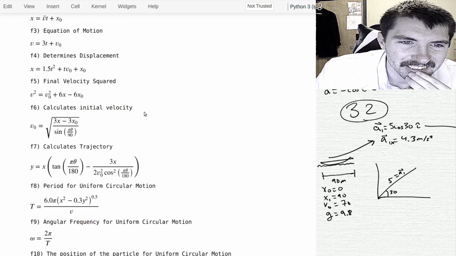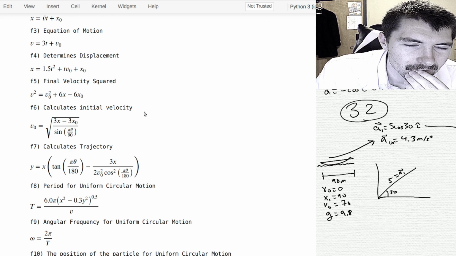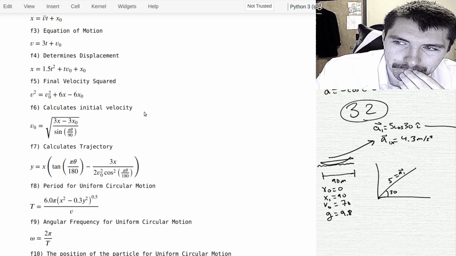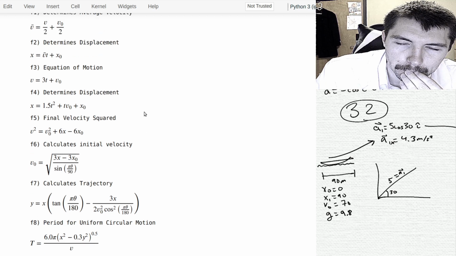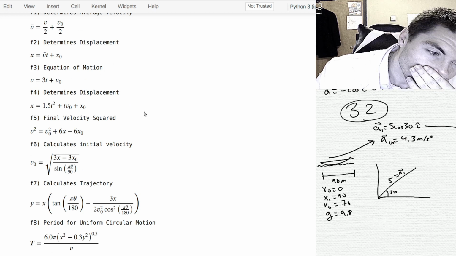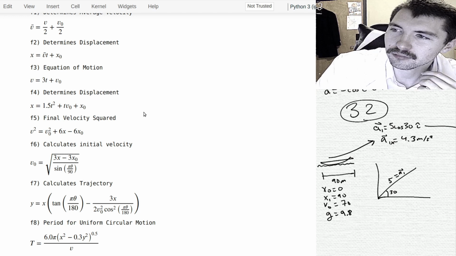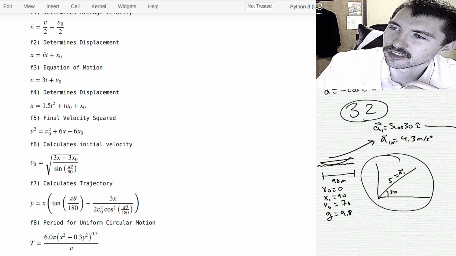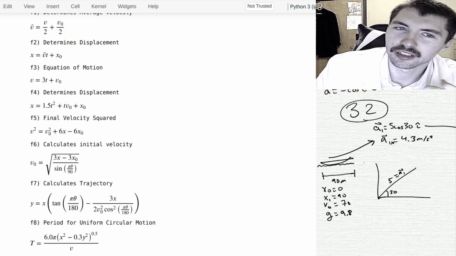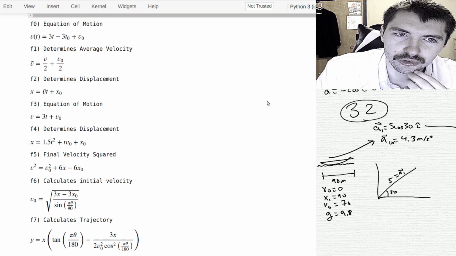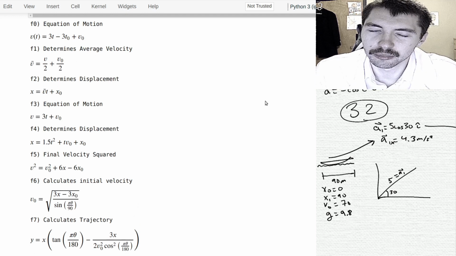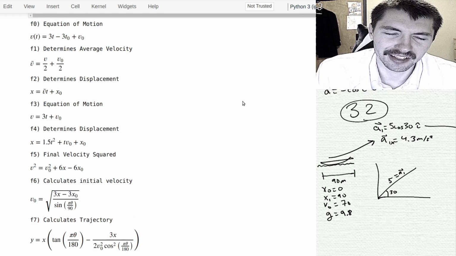Maybe they gave us all this information about when it leaves the carrier and it's just unnecessary. Sometimes textbooks give you unnecessary information to make you think.